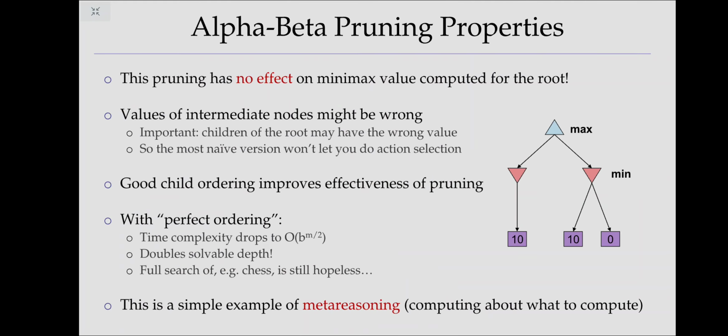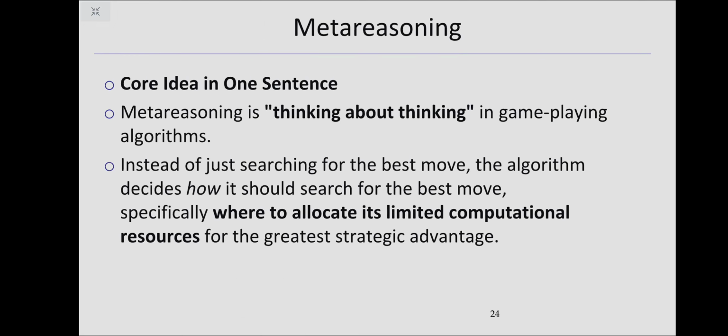In this situation, meta learning is useful. What's the meaning of meta learning? Meta learning is simply thinking about thinking. When you try thinking about thinking, you can improve the quality of games.